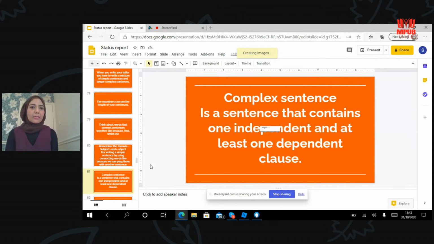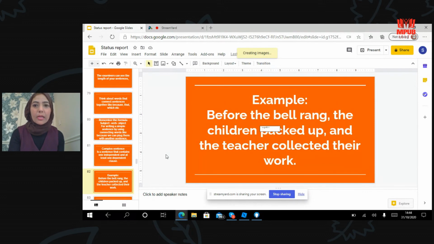Complex sentence. A complex sentence is a sentence that contains one independent and at least one dependent clause. So let me give you a little example here. The example is, before the bell rang, the teacher collected their work.